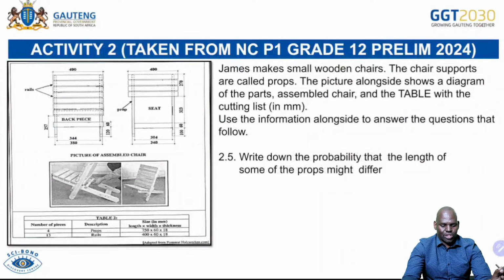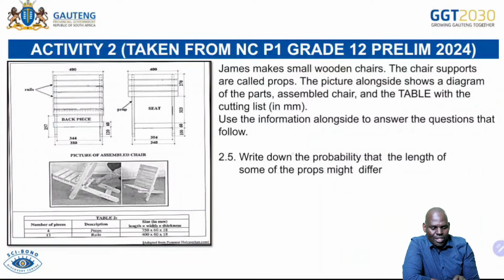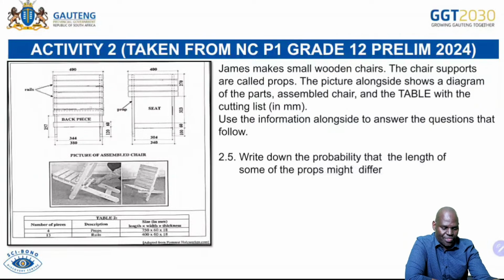And then the next question, 2.5, write down the probability that the length of some of the props might differ. Okay, if you look on the picture, there's no way it's indicated that maybe one prop will have a different length.